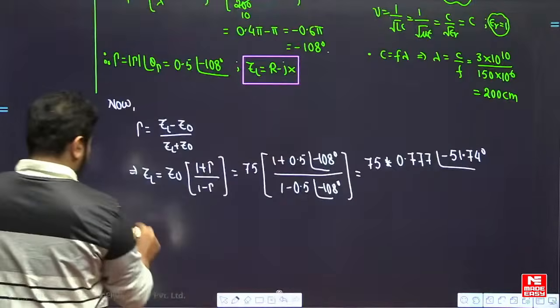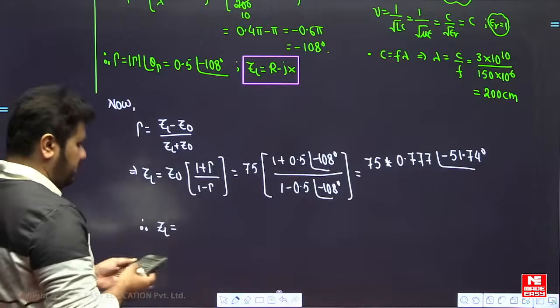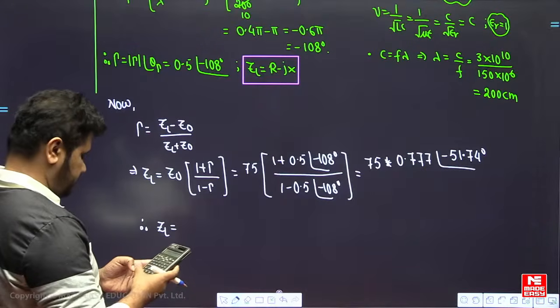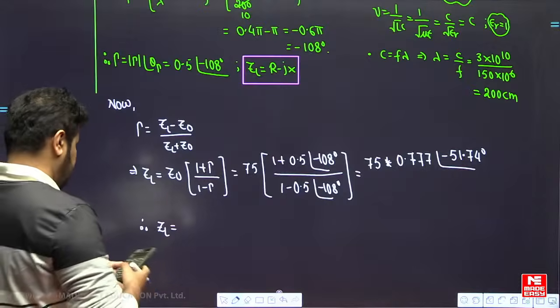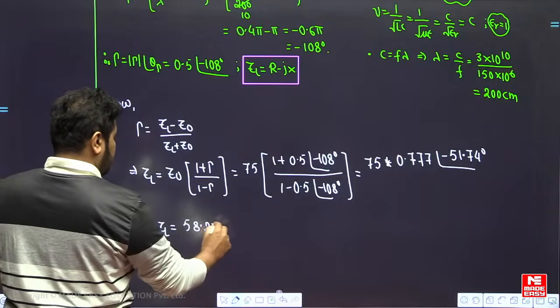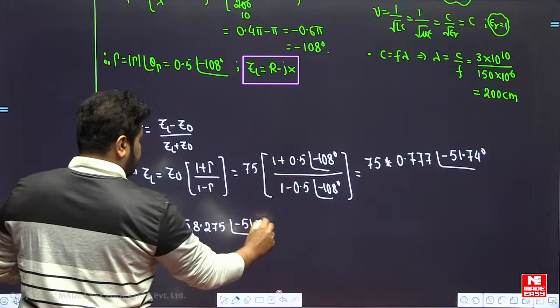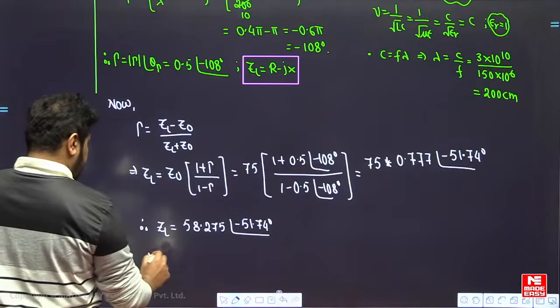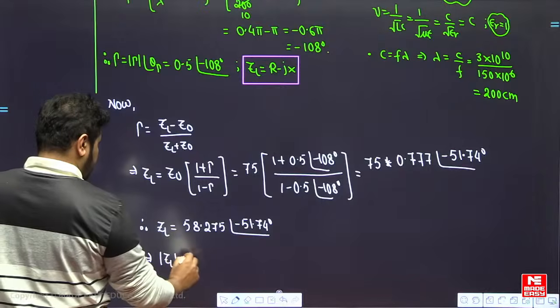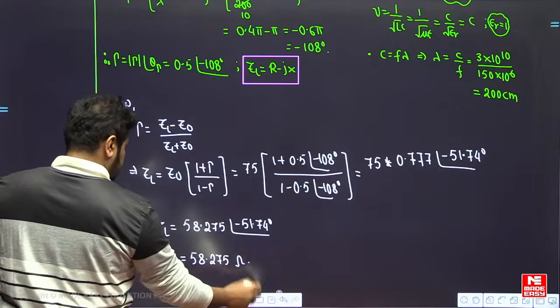So what is the value of mod ZL? 75 into 0.777 is 58.275 at an angle of minus 51.74 degrees, right. They are asking mod of ZL. So mod of ZL will be 58.275. This should be the answer.